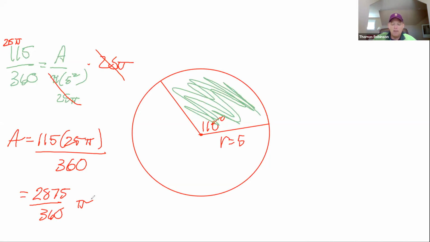So 2875 divided by 5 leaves me at, and 360 divided by 5 is 72. So maybe that's as far as I can go. If I'm asked for an exact answer, I would give that answer. If I'm asked for an approximate answer, then I just write this out and I get 25.9.